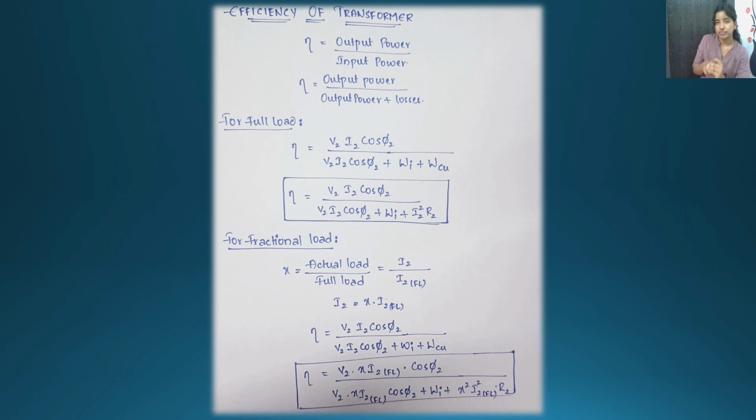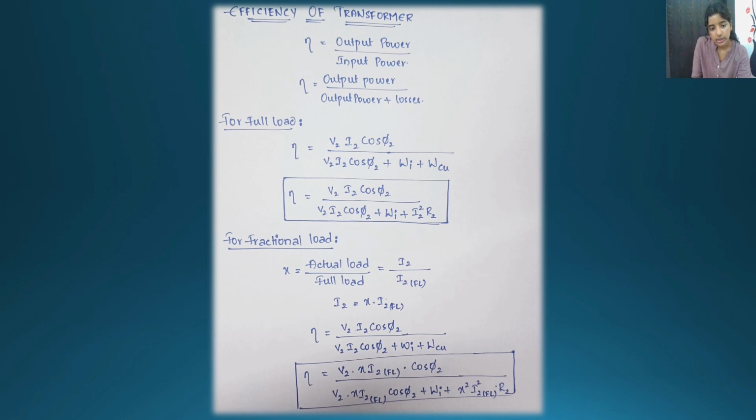And for the fractional load, what is a fractional load? If you take 100% as the full load condition, and I need to obtain the efficiency for 60% of it, then that 60% is taken as the fractional load.